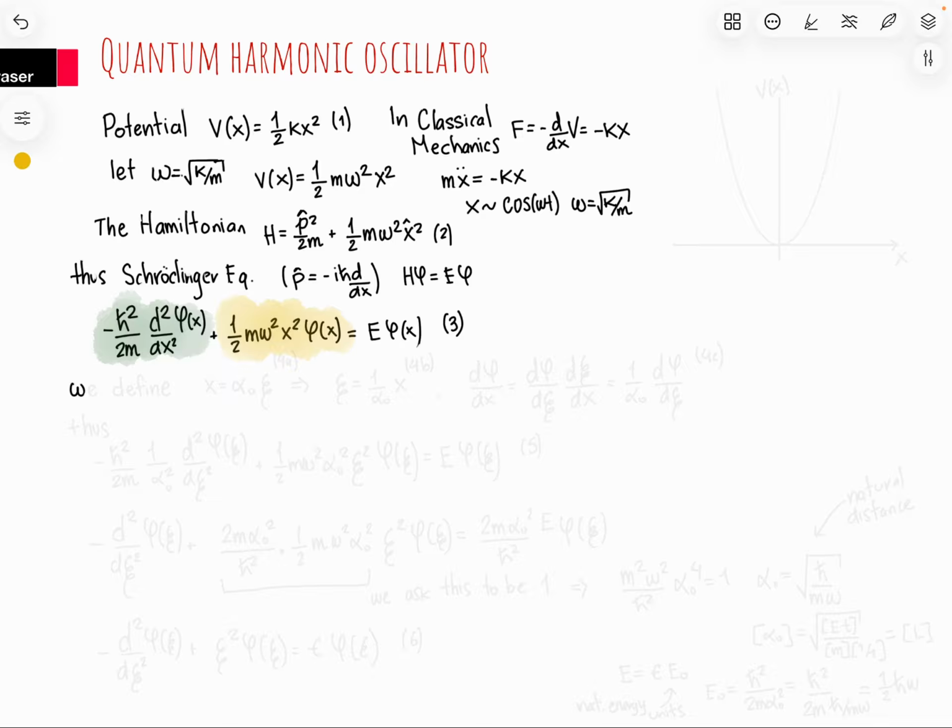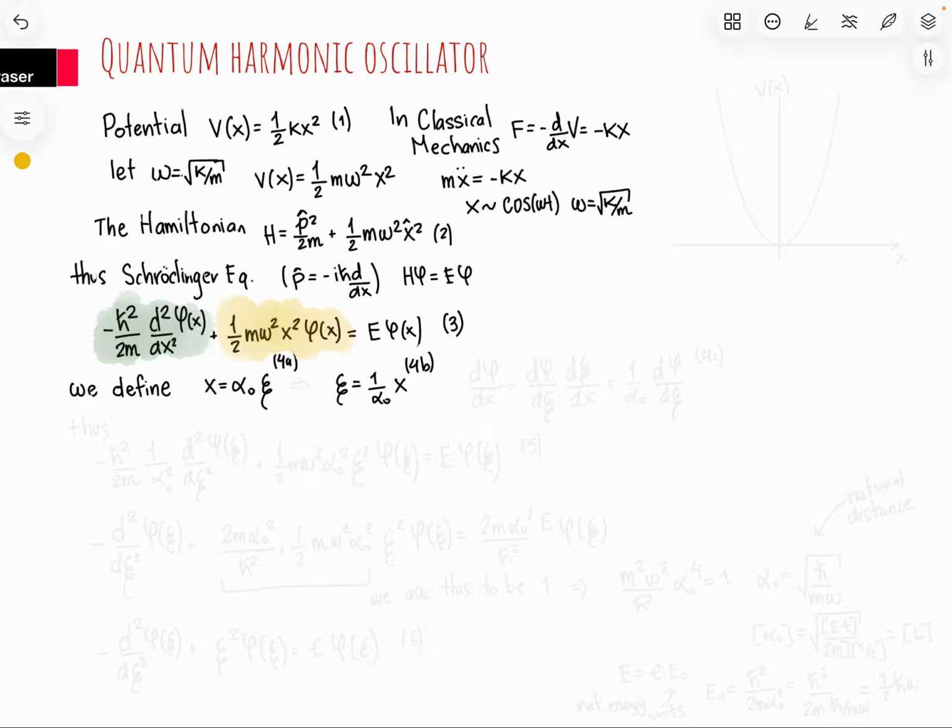In order to do that, we will define a new variable psi that is dimensionless and is given by this expression, which we call 4a. You see, alpha 0 carries all the dimensions, which should be of distance, and we can solve for this psi variable and we get this expression.